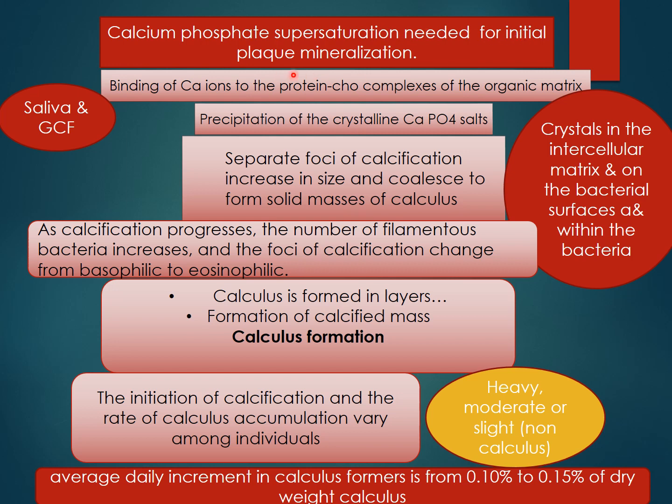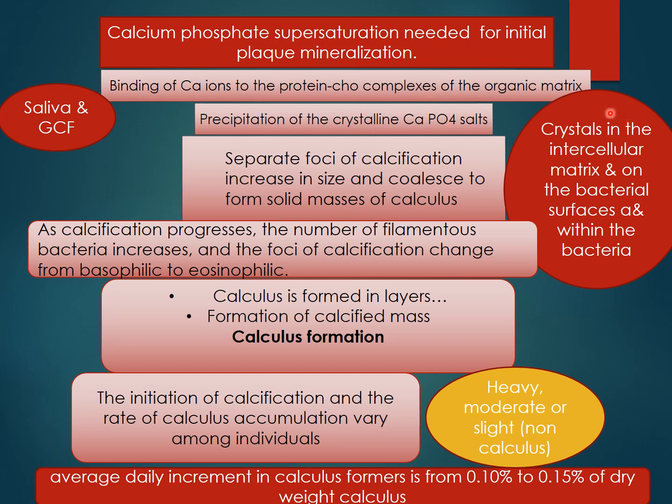For that, calcium and phosphorus will be taken from saliva and GCF. They will be taken from saliva by chelation and binding of calcium ions to the protein carbohydrate complexes, the protein polysaccharide complexes of the organic matrix, and this will lead to precipitation of the crystalline calcium phosphate salts.